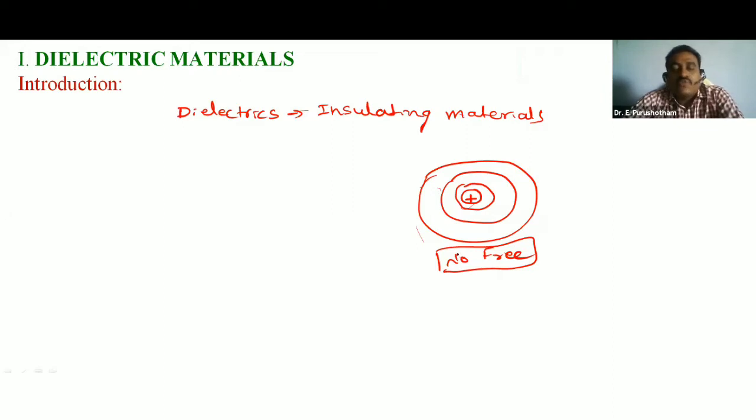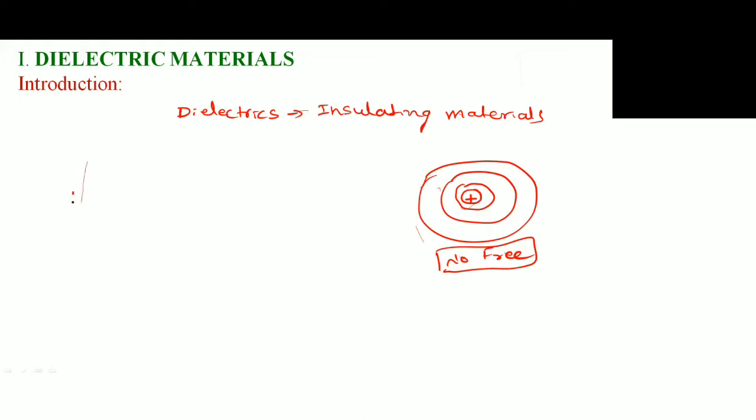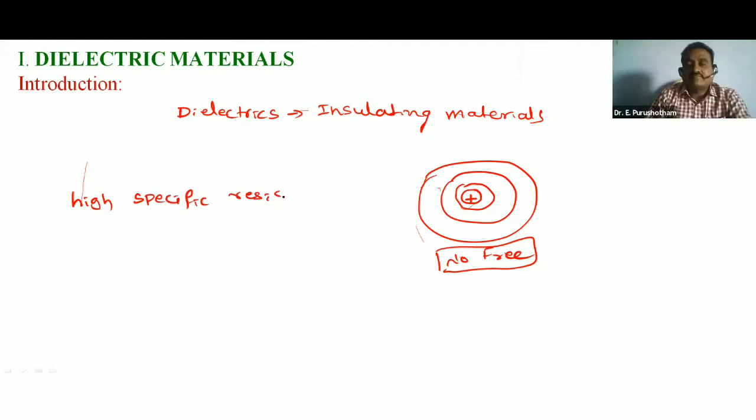Generally, dielectric materials are non-metallic materials. These have high specific resistance.